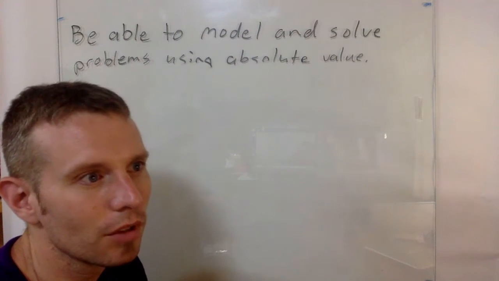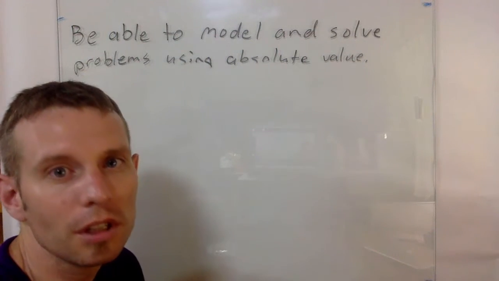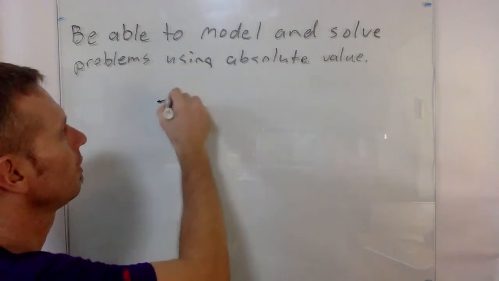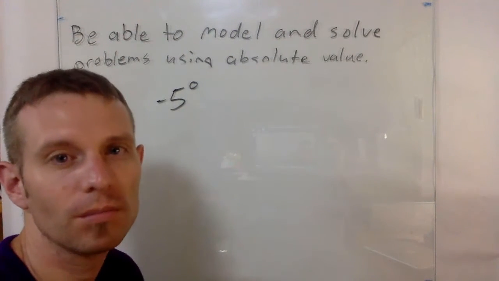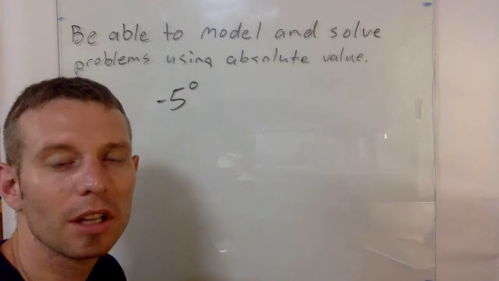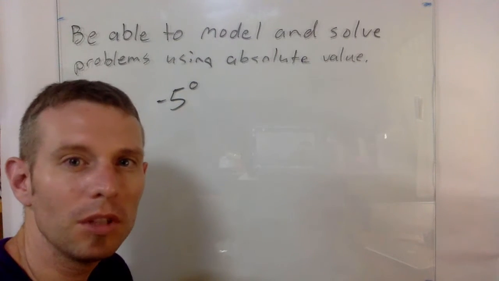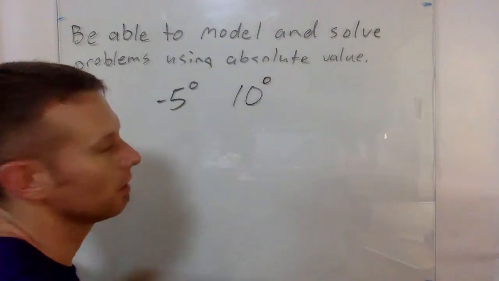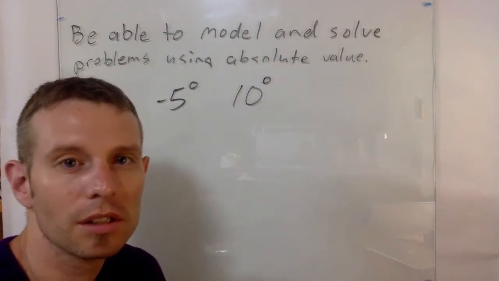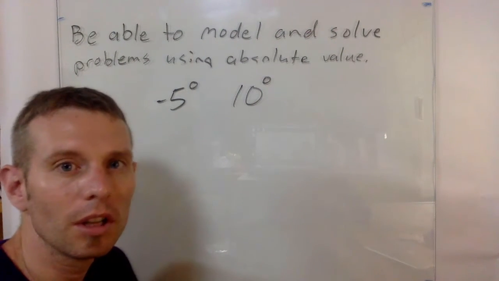So for example, if you woke up in the morning and it was -5 degrees out, we'll just say it's Celsius, and then by the middle of the day, let's say it rose to 10 degrees Celsius. Well, how much did it go up?